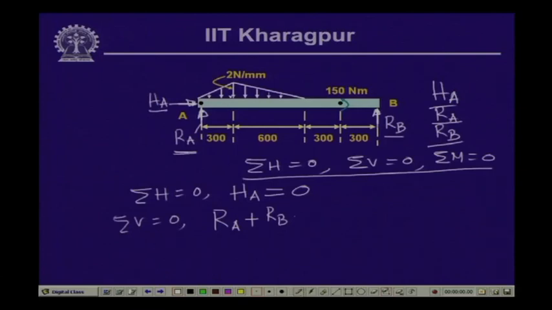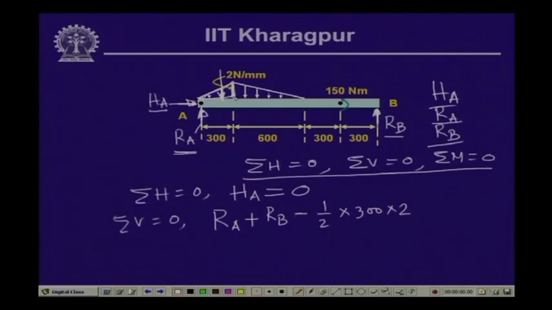Here we have loads which are triangularly varying. Looking at this particular part, this is 0, this is 2 over a length of 300. So, the load is half into distance 300 times 2 Newton per millimeter. Now, this particular load is pointing downward, since the reactive loads R A and R B are upwards, so this is with a minus sign.